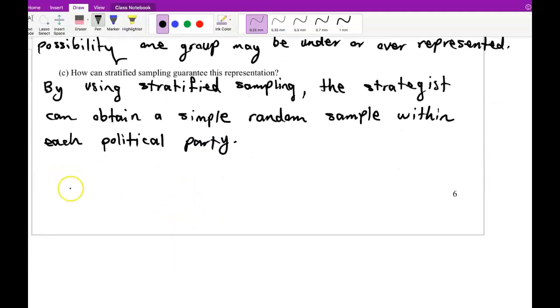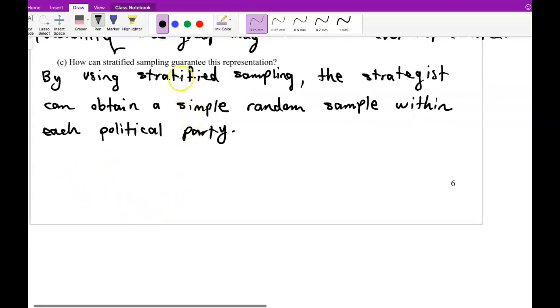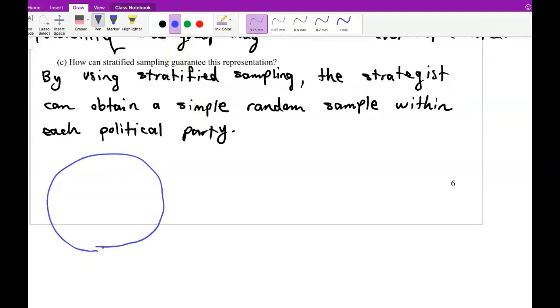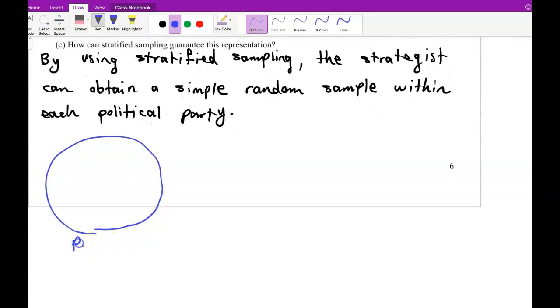Okay, I want to draw this. You don't need to draw this, but I want to explain this more. So this is our population. We have all individuals here inside, and we don't know how many we have here. Then after that, we have three groups. This part is a strata.